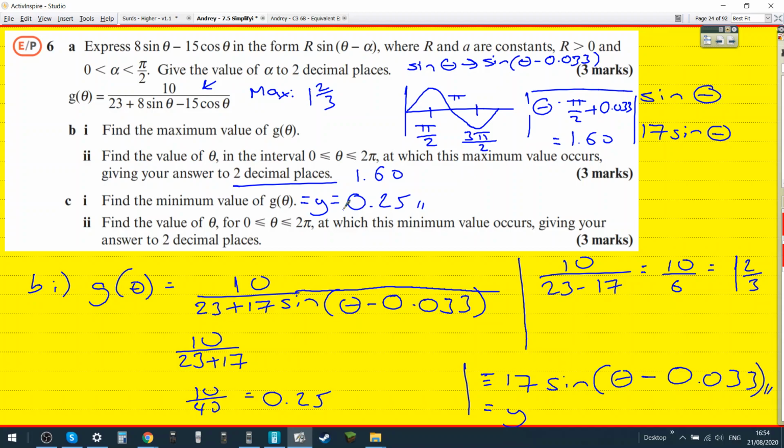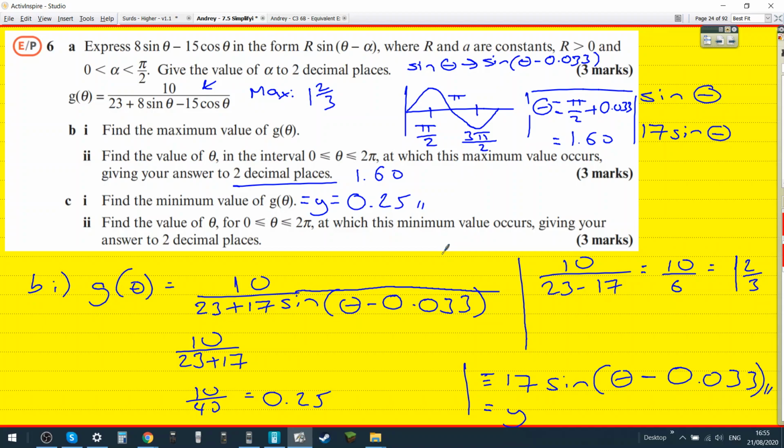True. How did you get the maximum? The theta at which the maximum occurs? So the maximum is 1.6.